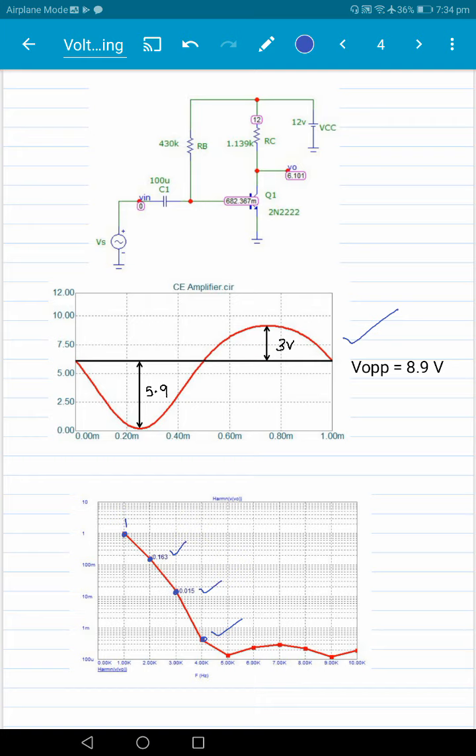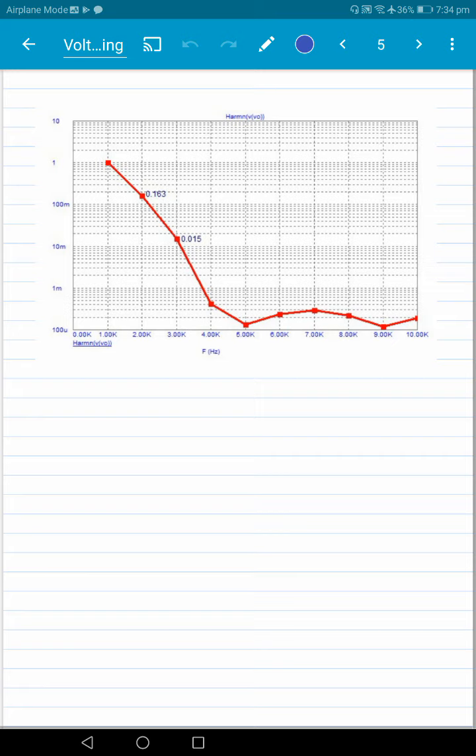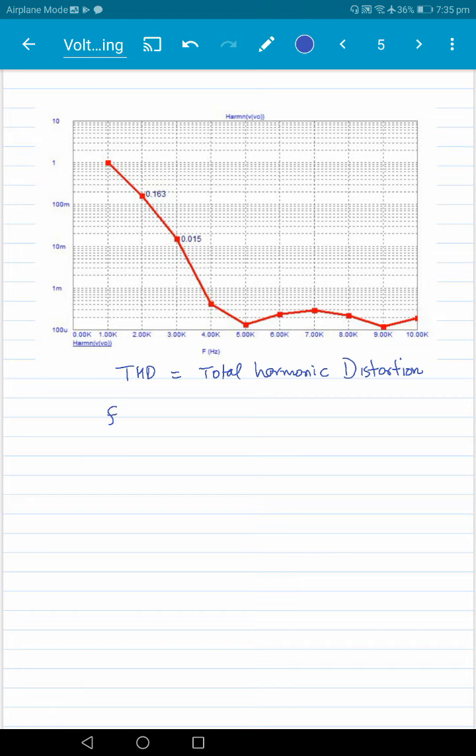So the amount of distortion, we describe it in terms of what we call total harmonic distortion, THD. The way we calculate total harmonic distortion is, let's say the fundamental component is F and its amplitude is A1.